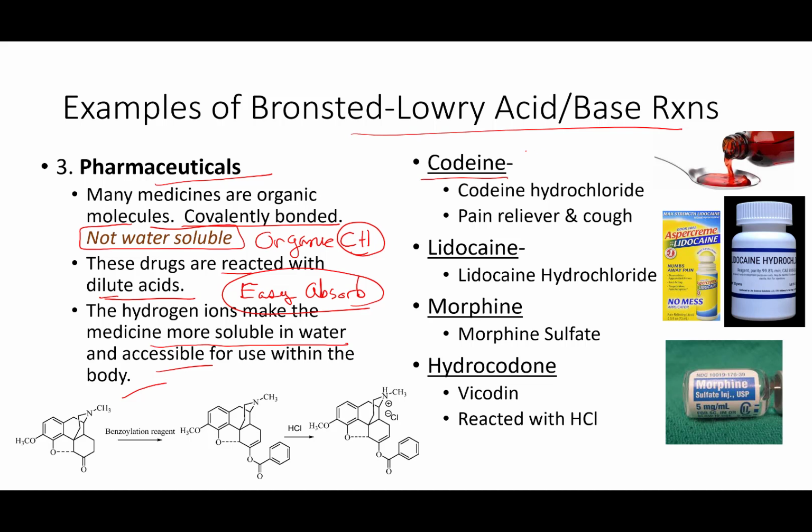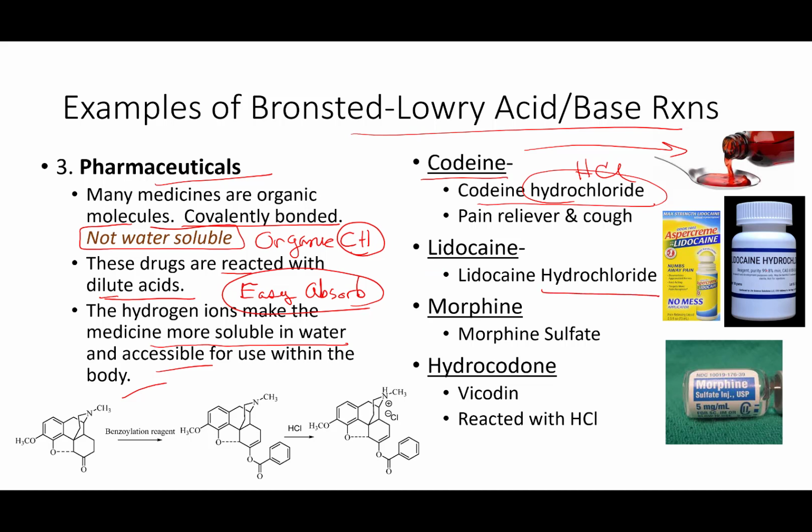Codeine. Codeine, that is a cough suppressant, cough syrup, and you can get Tylenol with codeine and things like that. It is actually codeine hydrochloride. That hydrochloride is added to the codeine molecule to make it easier to absorb. Lidocaine hydrochloride.